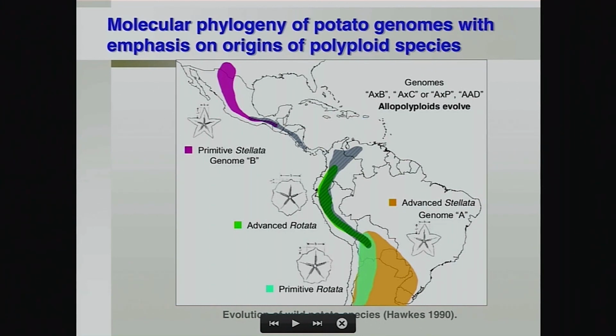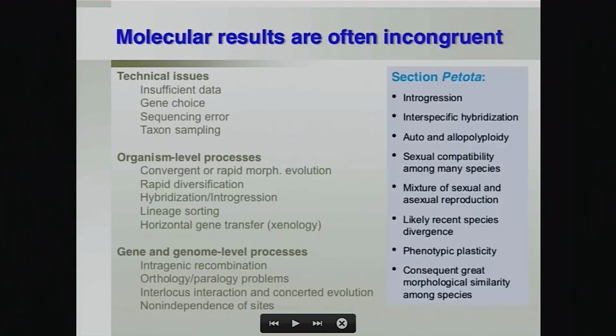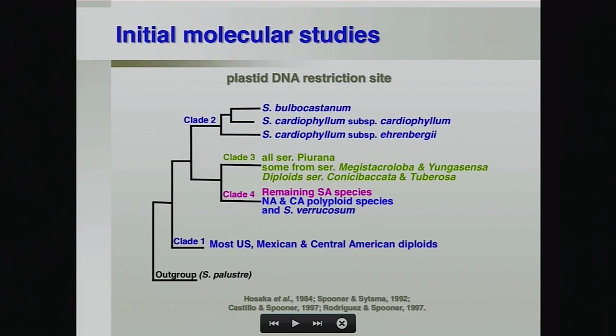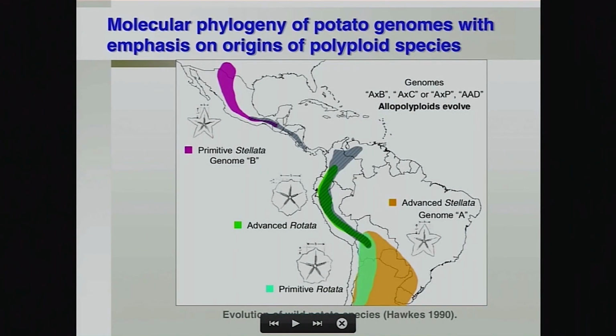And previously, researchers were working only with morphological data, isozymes, RFLP, for example, some markers, cytogenetic markers. And Hawkes in 1990 emphasized the origins of potatoes.